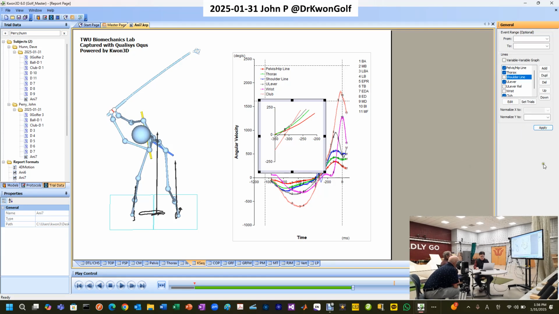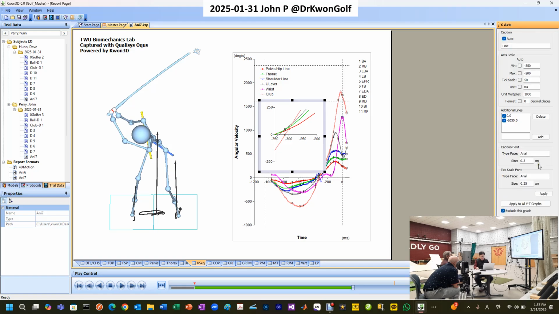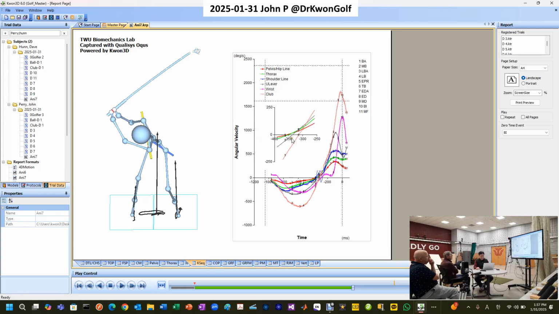Let me change the time scale here. So the red line shows the pelvis angular velocity in the transition here. The most important sequence is the transition phase, the transition sequence. We have a backswing sequence here, a downswing sequence here, but the most important one is the transition sequence. And the red line is the pelvis. So the pelvis transitions here.